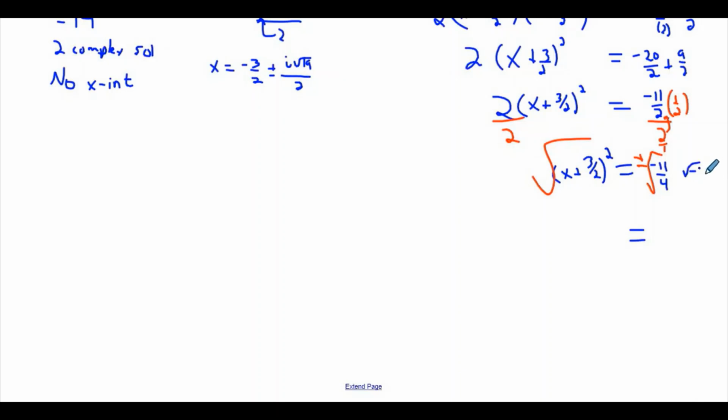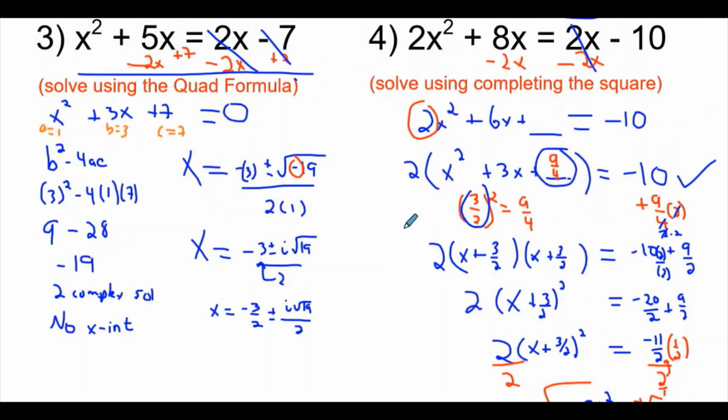The square root of negative 11 will be plus or minus i root 11. And then the bottom, the square root of 4, is 2. And that's sure to make our life easier. And so then we have x plus 3/2, and then we subtract on both sides. And then you're done. And to do that, you would simply put it in front, kind of like we did here. They're different problems, as you can see.